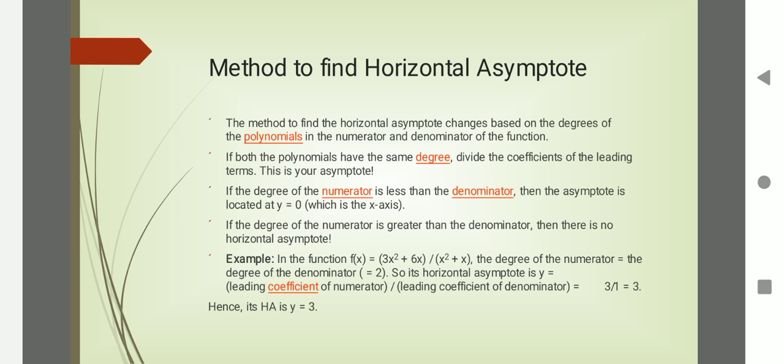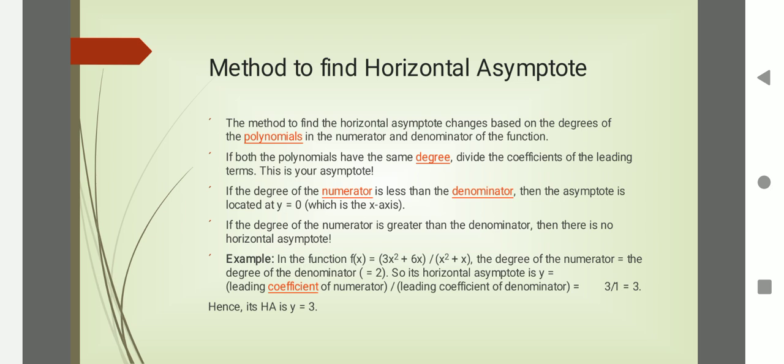The method to find the horizontal asymptote changes based on the degrees of the polynomials in the numerator and denominator of the function, so we have to check the degree of the polynomial in the numerator and denominator.